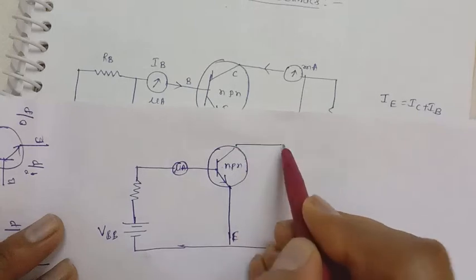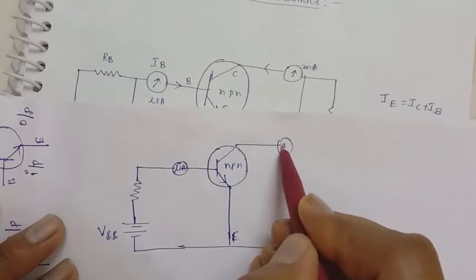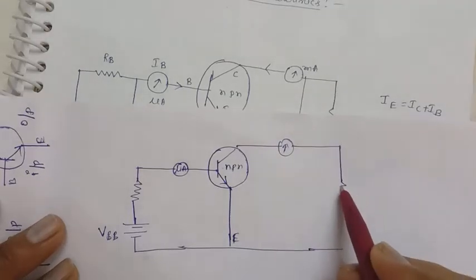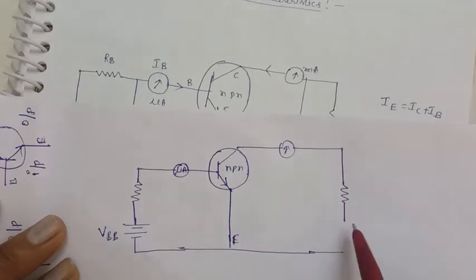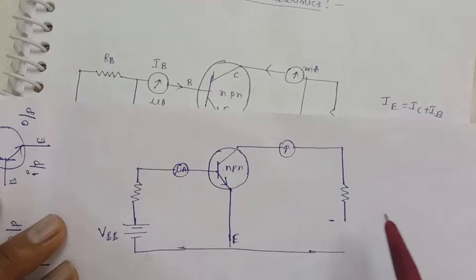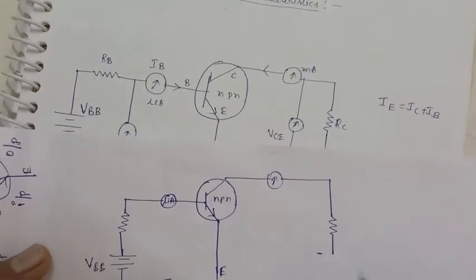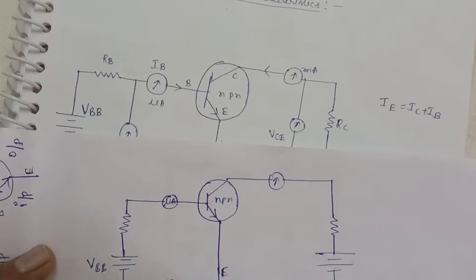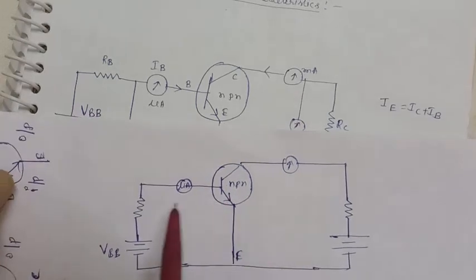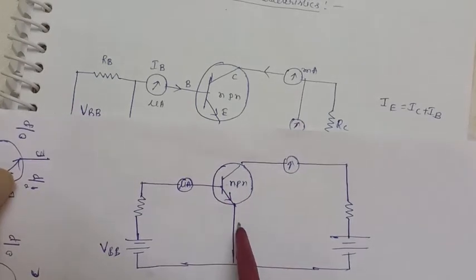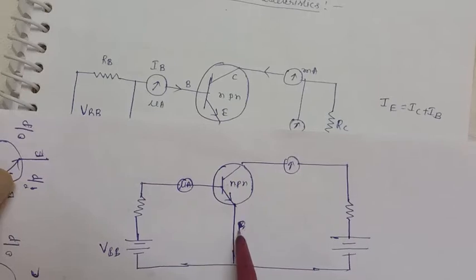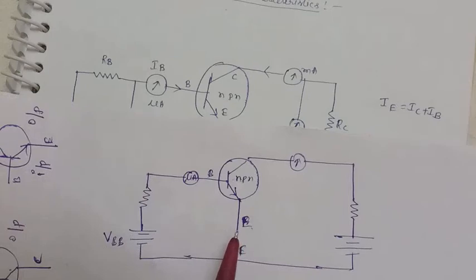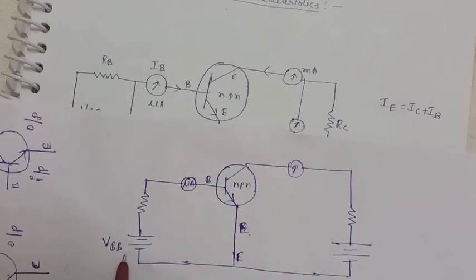Similarly here also you have to measure the current in terms of milliamperes. It is also connected through a resistor. The N is negative, it is reverse bias, so N is connected to positive. In between emitter and base you have to apply the input voltage.